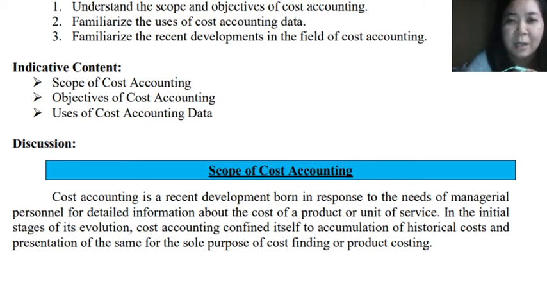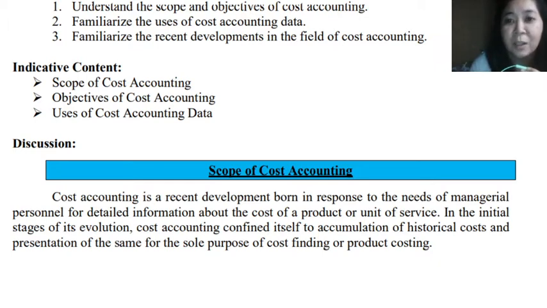When we say historical costs, these are the costs of an item when it was initially incurred, purchased, installed, or constructed. That is what we mean by historical cost. So in the previous times, this is what they perceived as the function of cost accounting.